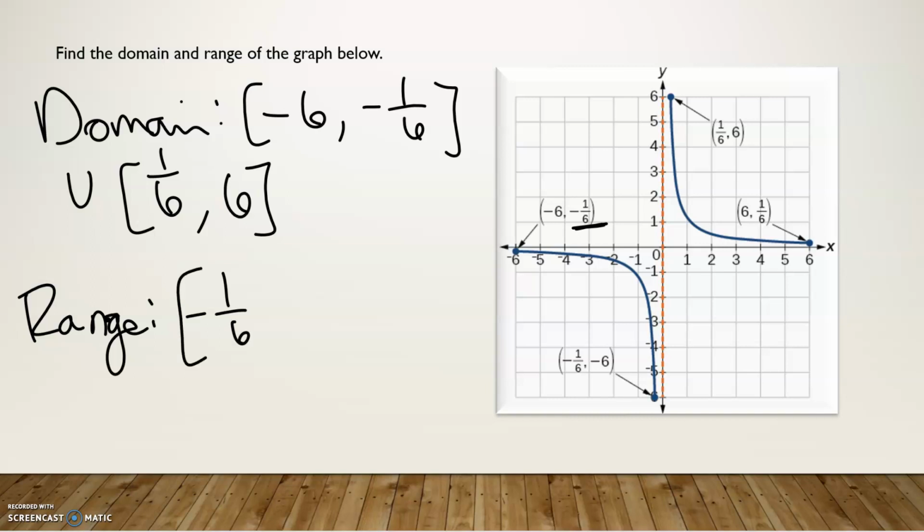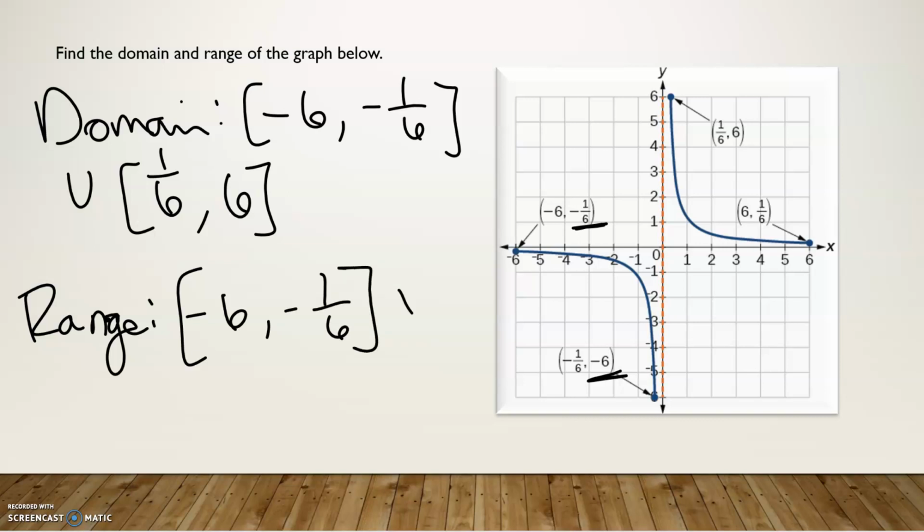And I have brackets there because of that closed circle. And -6. Actually, the -6 is a larger negative number than -1/6, so it actually makes it smaller. So I need to put that one first.